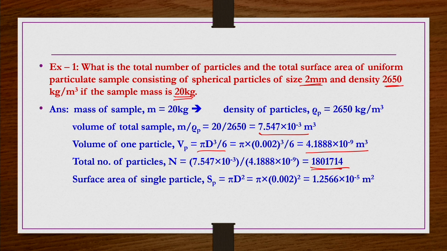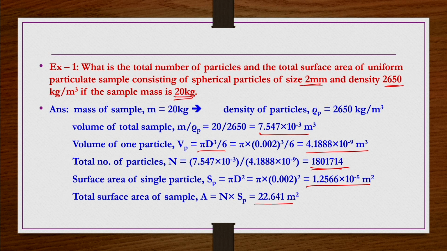Likewise, the surface area of a single particle is pi d square for spherical particles; this number you get. Now, the total surface area of the sample you can get by multiplying these two numbers: the total number of particles multiplied by the surface area of one single particle. When you do this, you get 22.641 meter square.